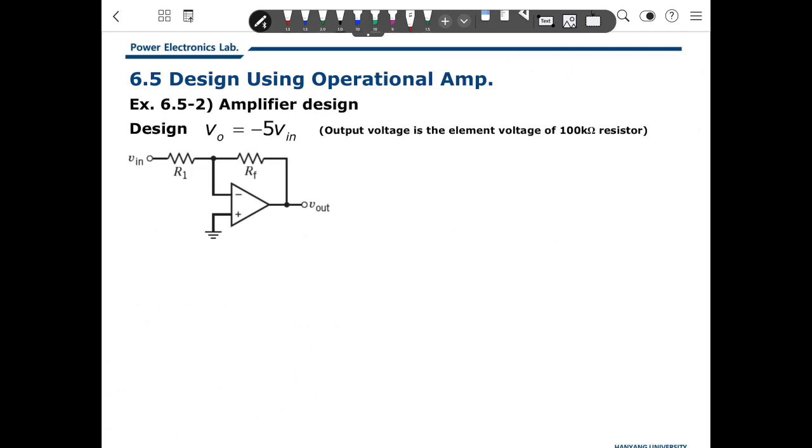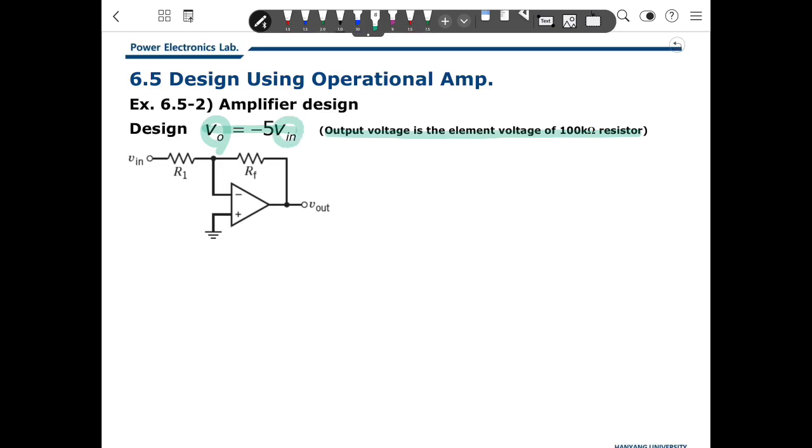And this is another example of designing an op-amp circuit. If you have a mission to design V out equal to -5 V in, then the requirement is that the output is a negative amplification of V in, with a 10 kilo ohm resistor at the input.